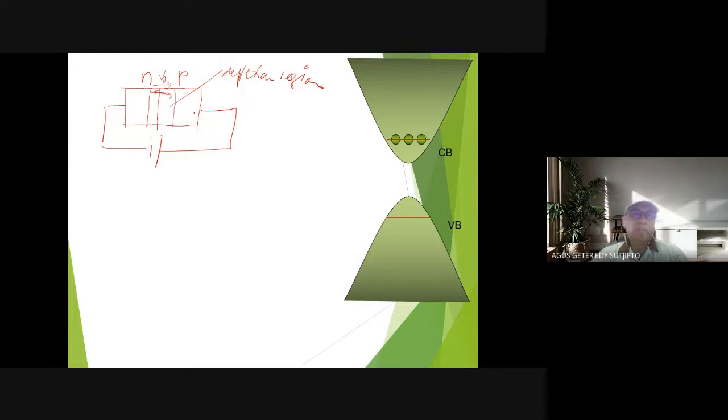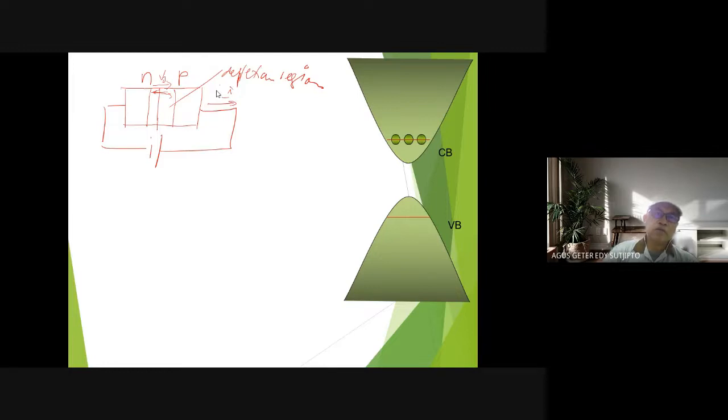There will be current flow. This is the applying of the forward bias voltage.